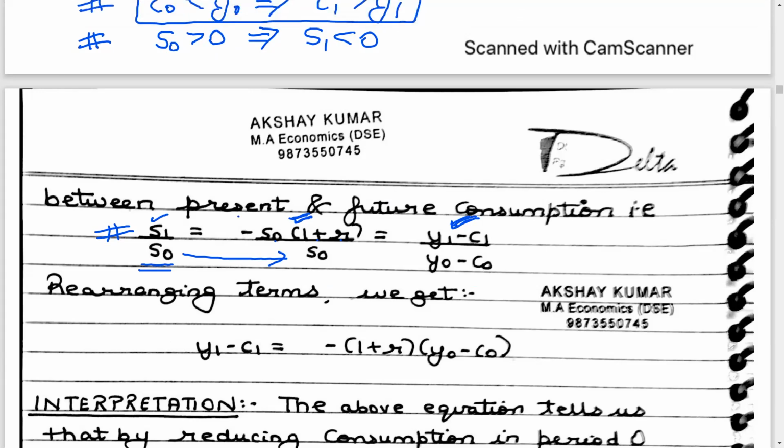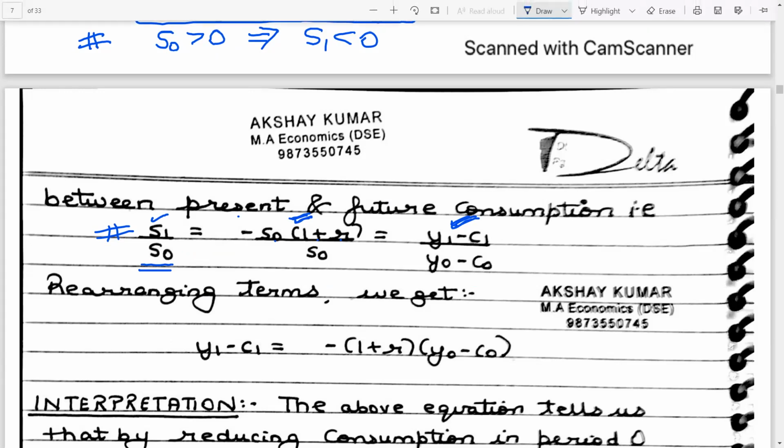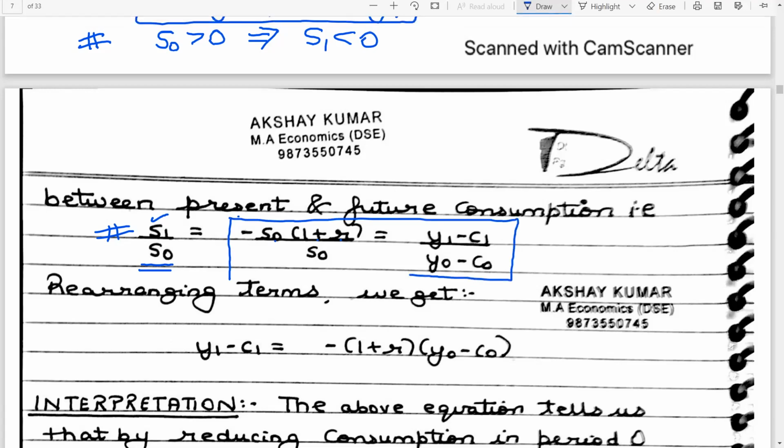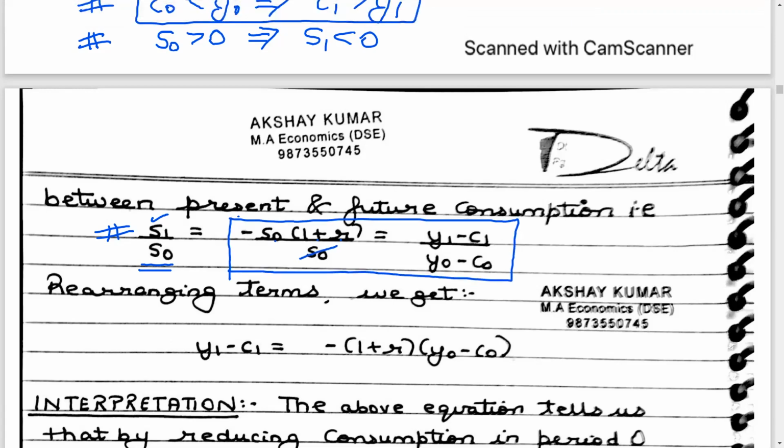Now if I solve this equation, let's solve this equation now. So what are we solving? We are solving this equation. So you can see that S0 and S0 cancel out. So I can write Y1 minus C1 is minus 1 plus R into Y0 minus C0.